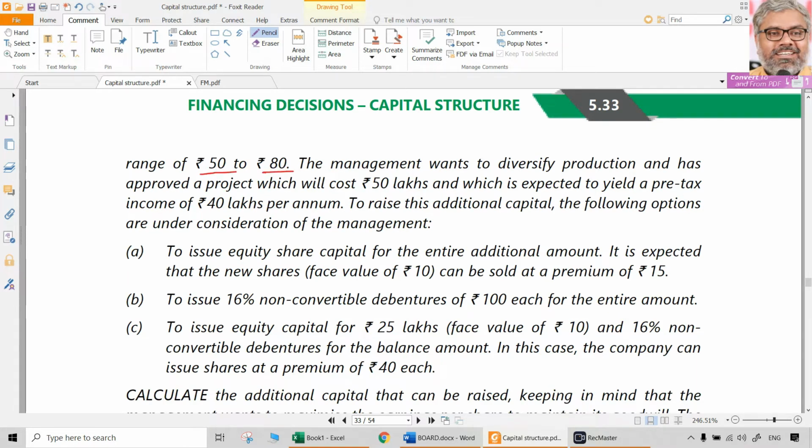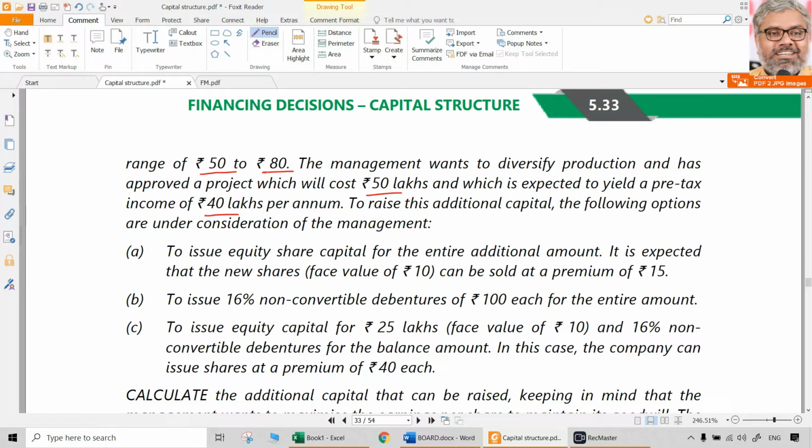That is the range of market prices the shares are being quoted at in the stock market. The management wants to diversify production and has approved a project which will cost 50 lakhs and is expected to yield a pre-tax income of 40 lakhs per annum. That comes only from this project.